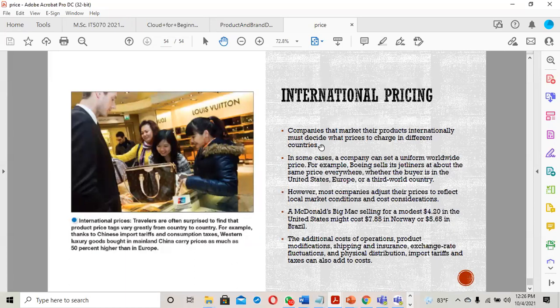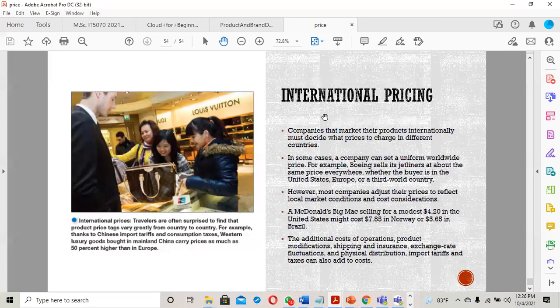Then you have international pricing. International pricing, of course, depends on the economic situation of the country. Take McDonald's, whose headquarters are in the United States. It sells Big Macs in countries like Norway, Finland, Sri Lanka, and many others.